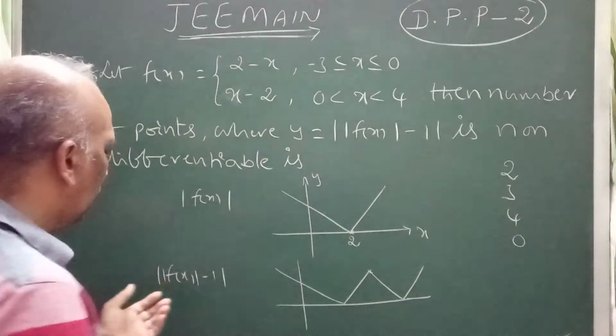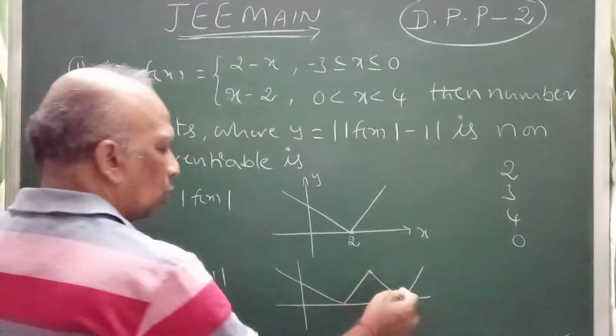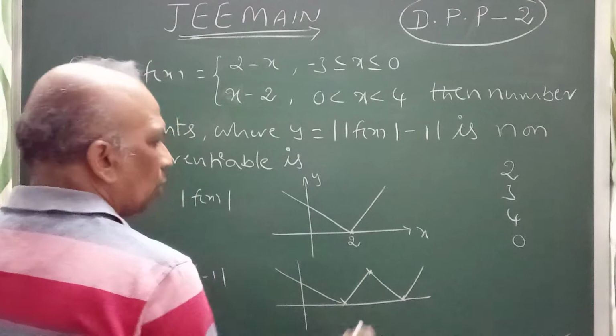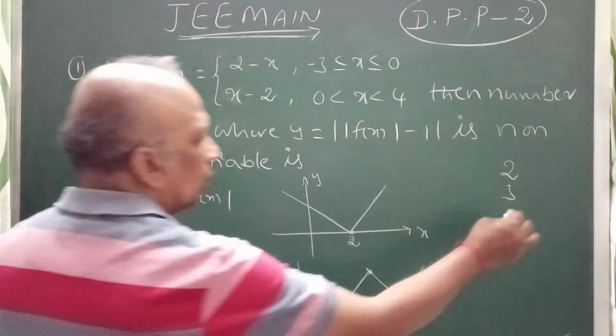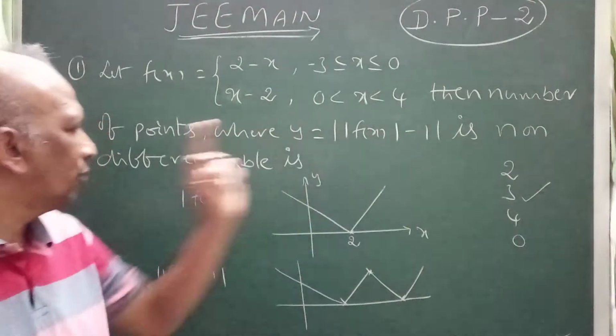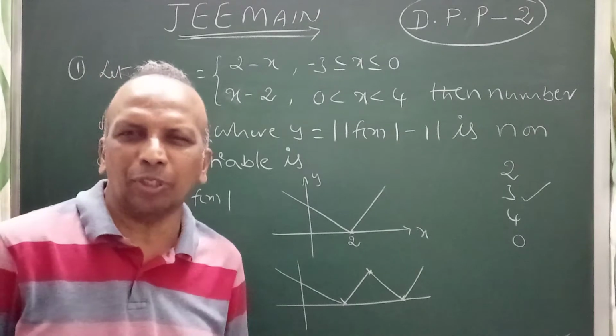You are moving towards the right by one more point. So we get a total of 3 points, and at these 3 points the function is not differentiable. The answer is 3 points: point 1, 2, 3.